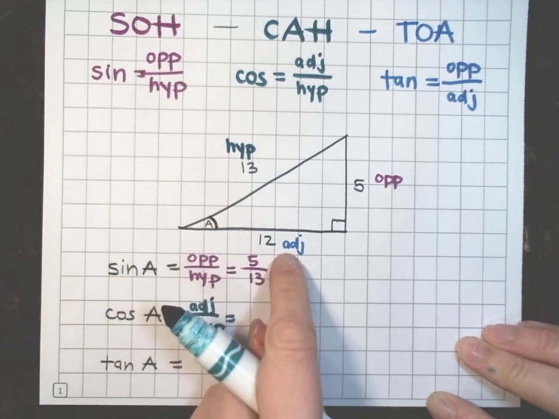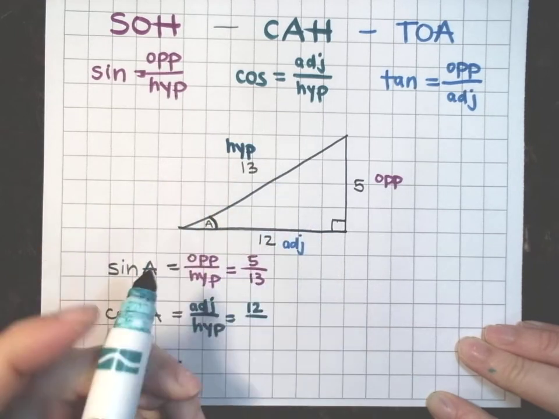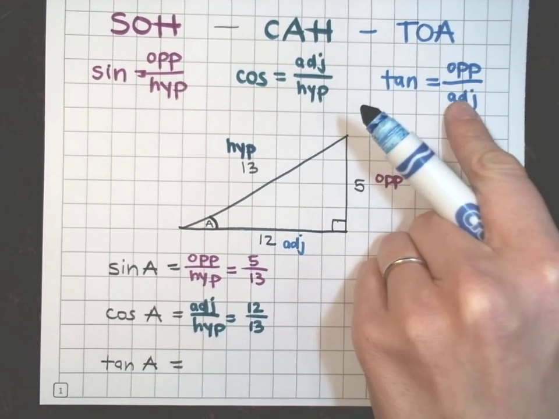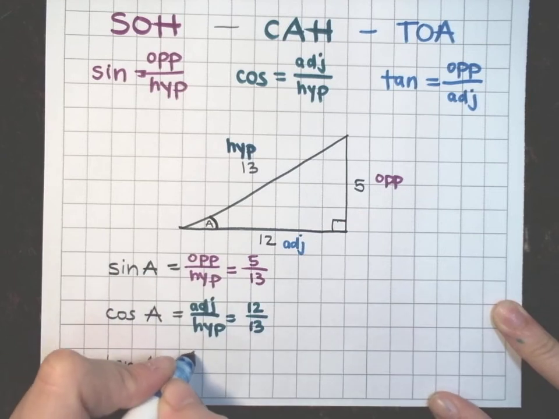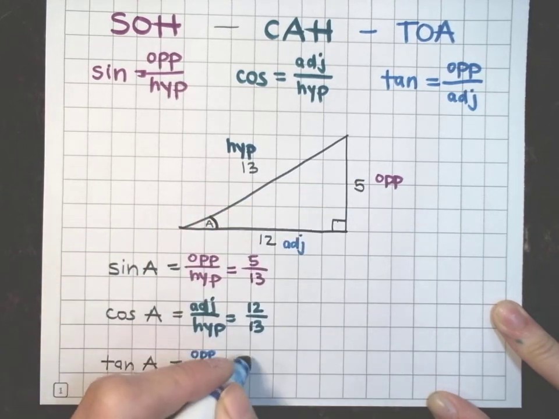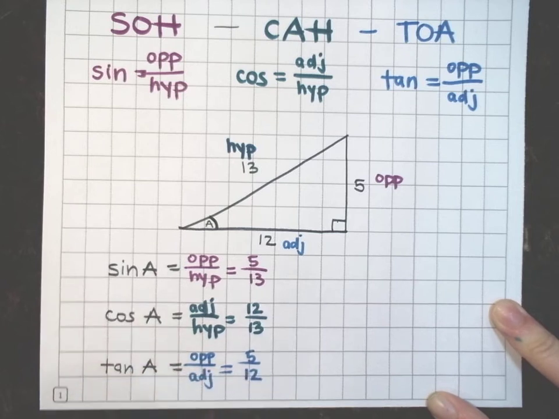So the adjacent side is 12 divided by the hypotenuse, which is 13. And then to find the tangent, we would divide the opposite side by the adjacent side. So the opposite side was 5 divided by the adjacent side, which is 12.